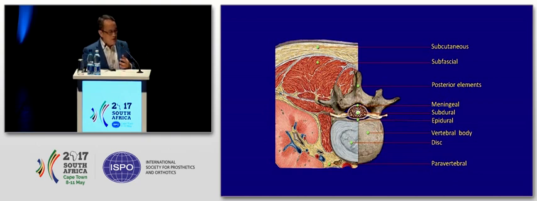It can be an infection of the subcutaneous area, of the posterior elements, of the vertebra by itself, or of the disc and the vertebra altogether. And if worse comes to worse and the infection is not properly dealt with, it can invade the canal where you have your spinal cord, and you might develop meningeal irritation causing meningitis and myelitis, which is an infection of the spinal nerve roots.